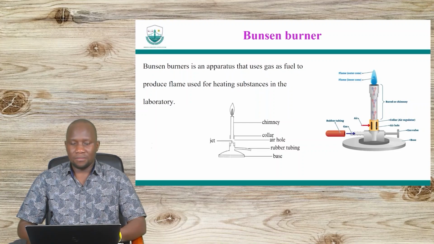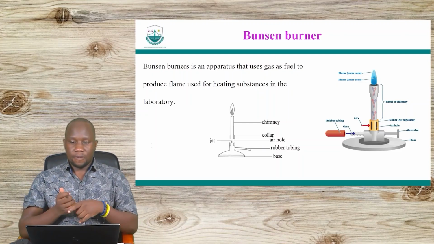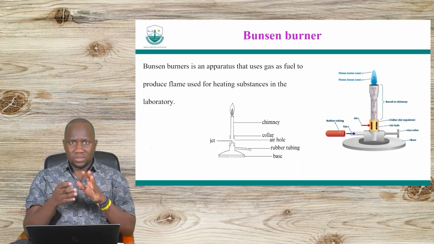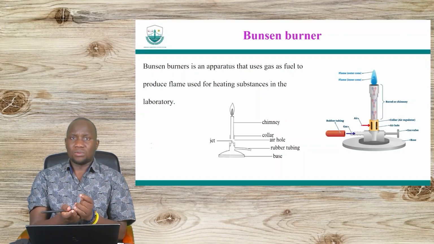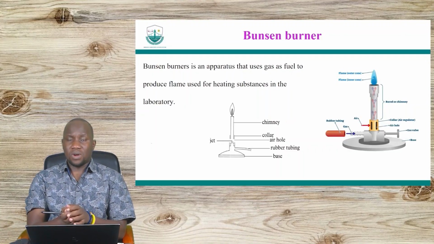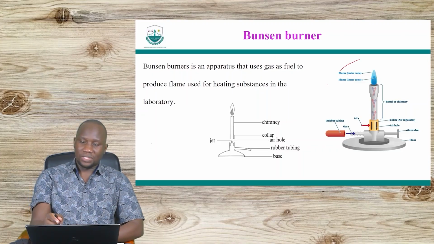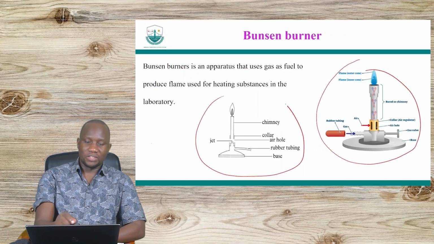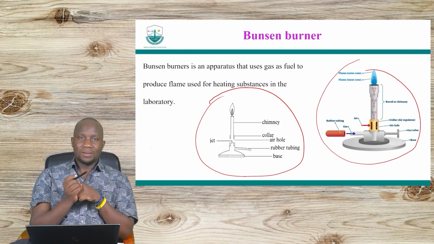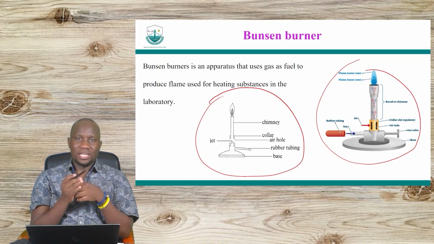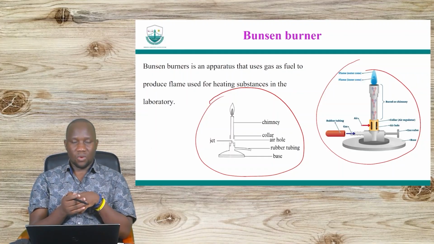When you check the different resources, you see that the diagrams have a little bit of variation, but generally the principle of how these Bunsen burners work is the same. And if you find it difficult to draw something closer to this, why not draw this? You can draw this if they ask you to draw the Bunsen burner, but most likely they will tell you to name the parts of the Bunsen burner.